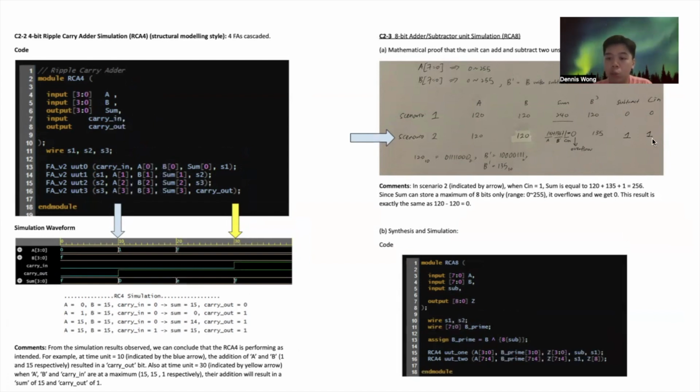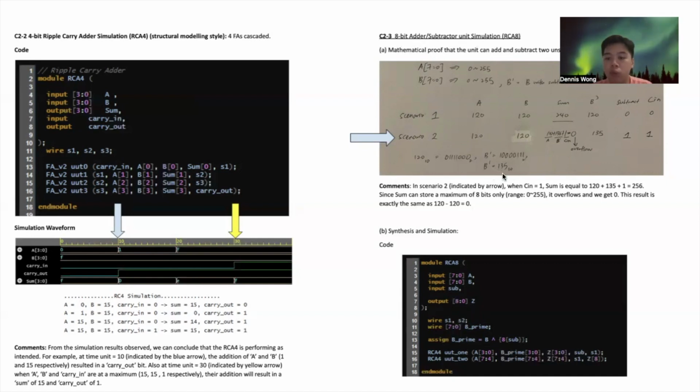When Cin equals 1, we have to subtract B from A. But we don't actually perform subtraction. What we do is invert the bits of B. We get the binary of B, invert it, call it B prime here, and then convert it back into the decimal representation, which is 135, and we add A, B prime, and also the Cin.